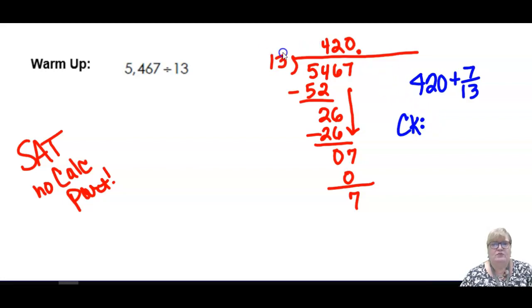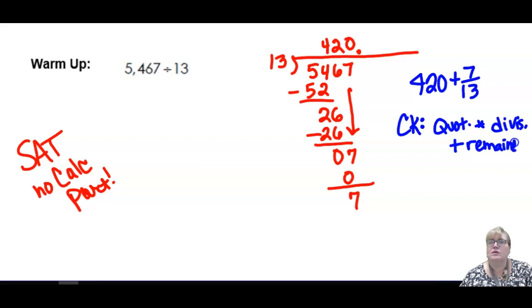I want to remind you how you check that. To check this, you multiply quotient times divisor plus the remainder. So I'm just going to go over here.